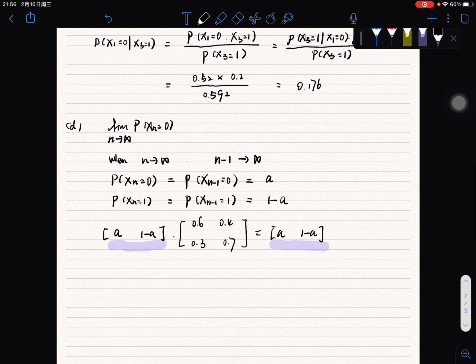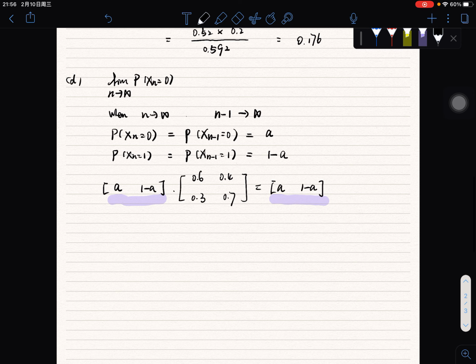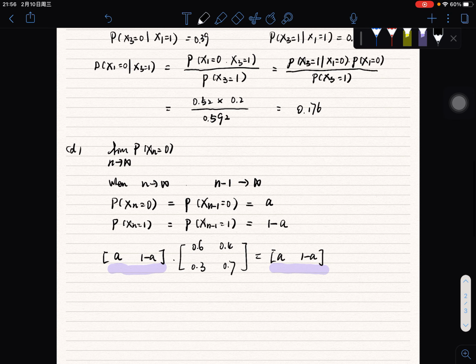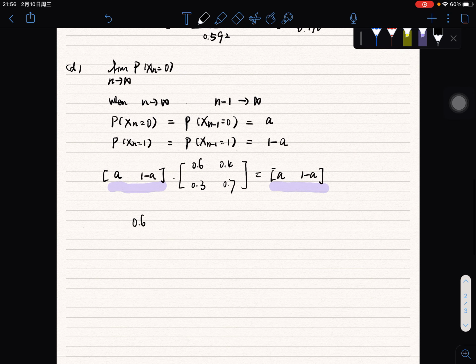And then we will get an equation: 0.6a plus 0.3 minus 0.3a equals a, and 0.4a plus 0.7 minus 0.7a equals 1 minus a.